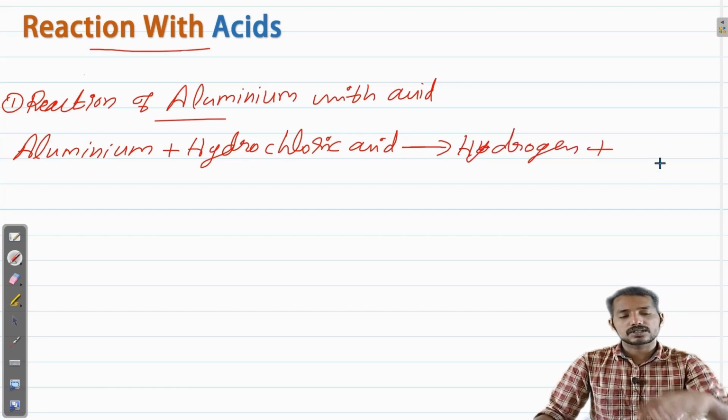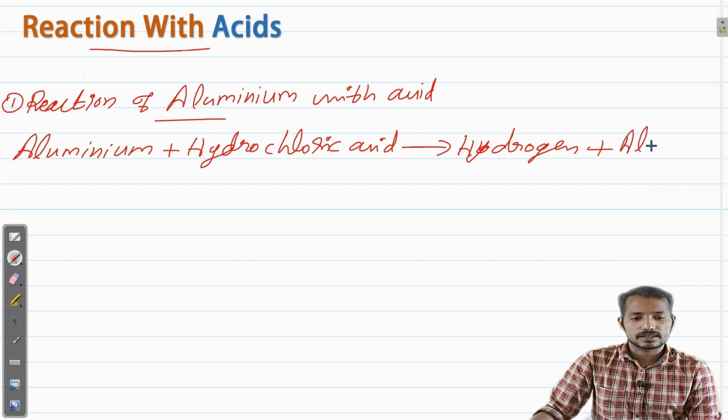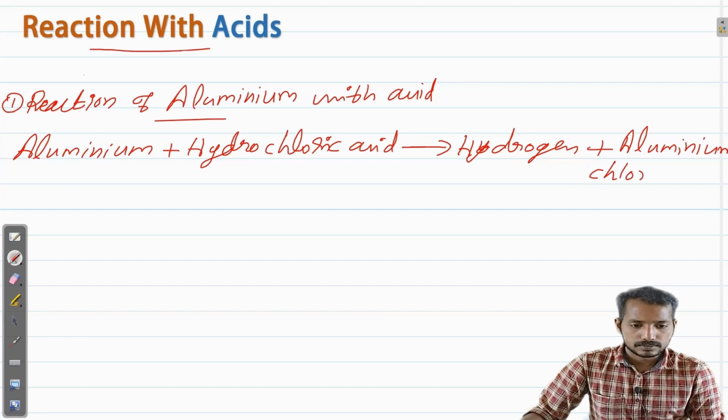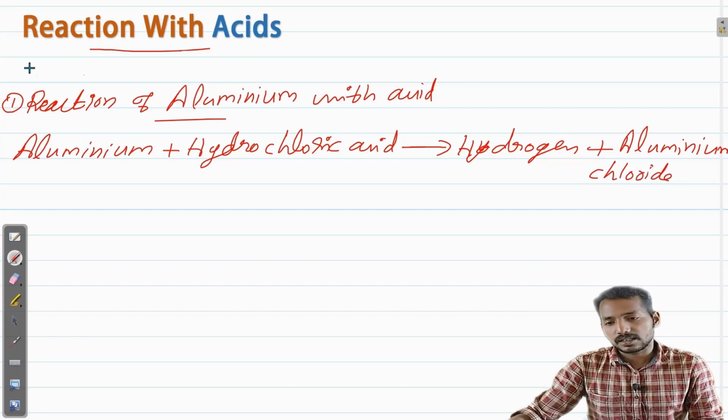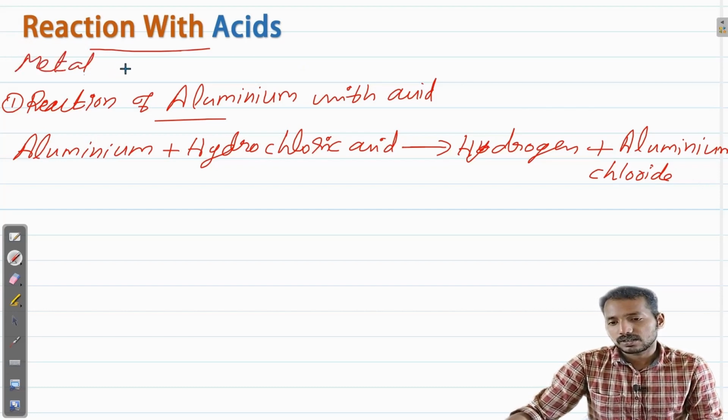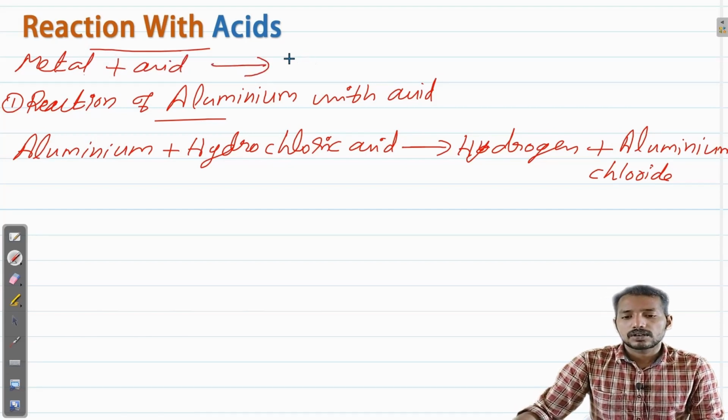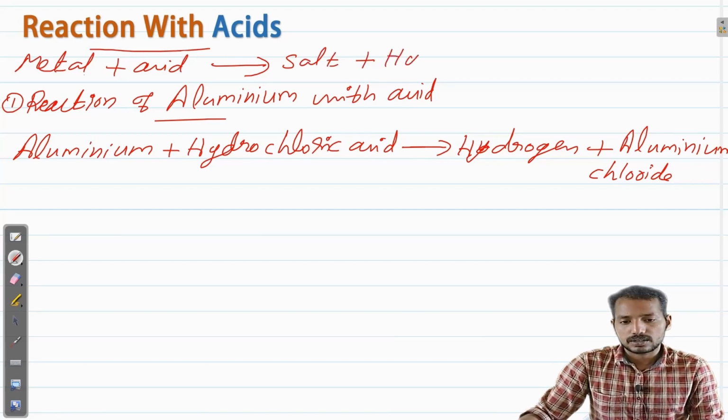And the substance present in the solution will be aluminium chloride. This aluminium chloride is a salt. So generally we can say that metals react with acid to form salt and hydrogen gas.